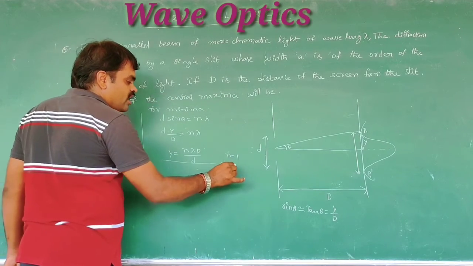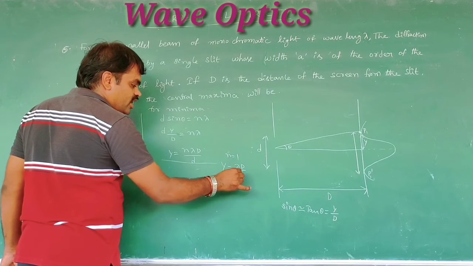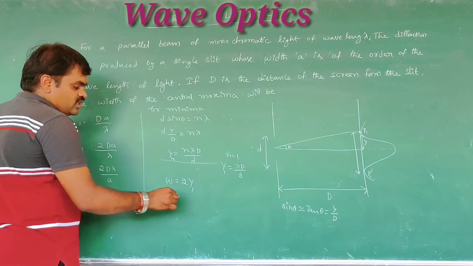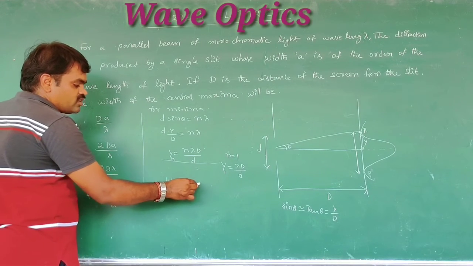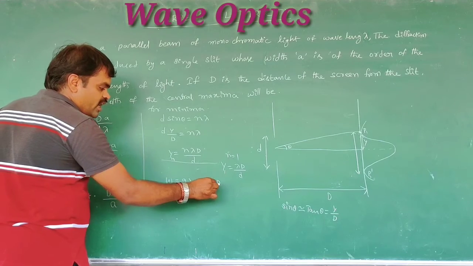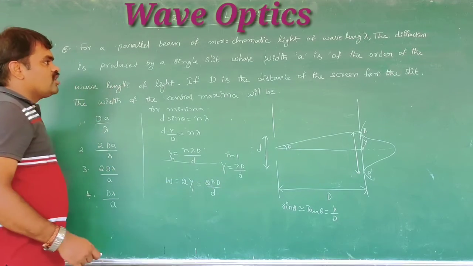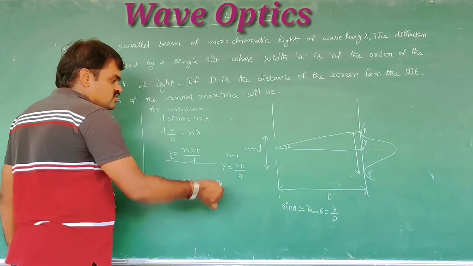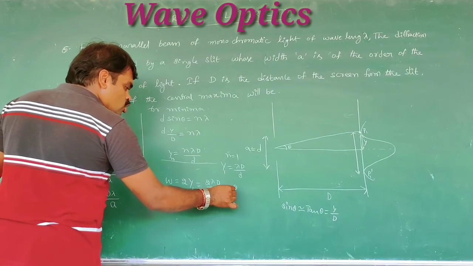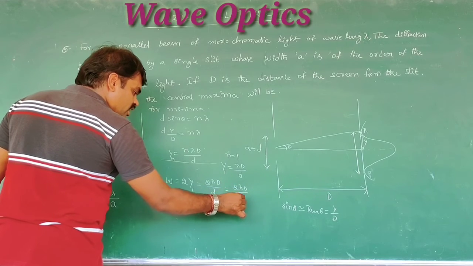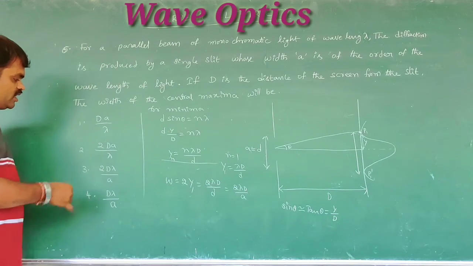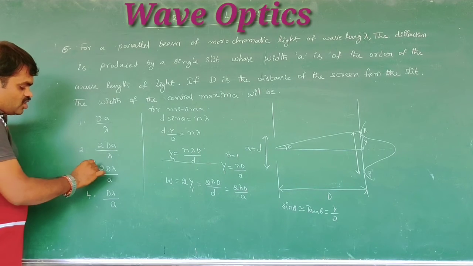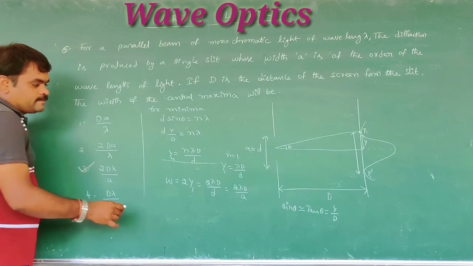We substitute: W is equal to 2 y1, that is 2 lambda D by d. But the width of the slit is given in the problem as A, so d is equal to A, and we substitute: 2 lambda D by A. Now the option will be 2 lambda D by A. The third option is correct.